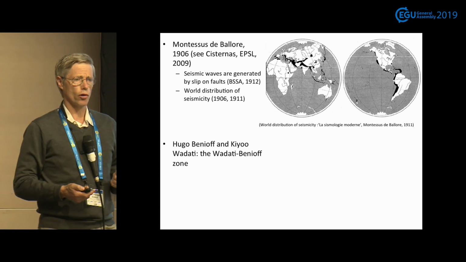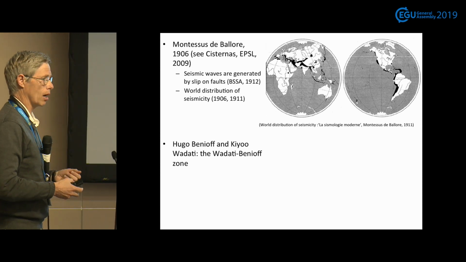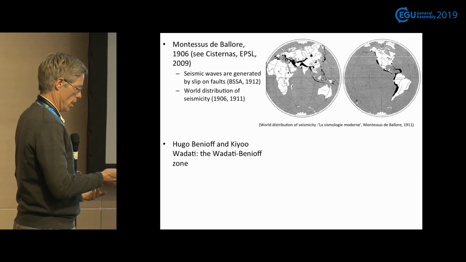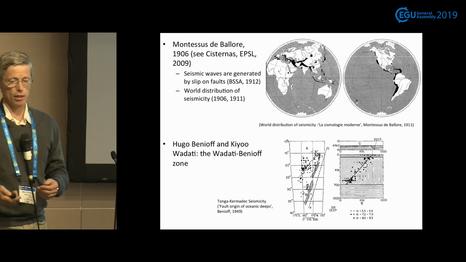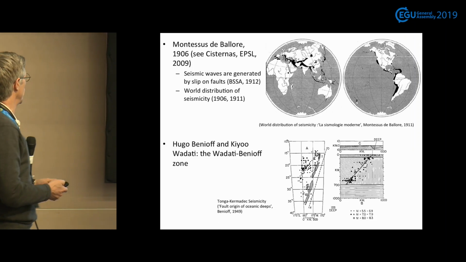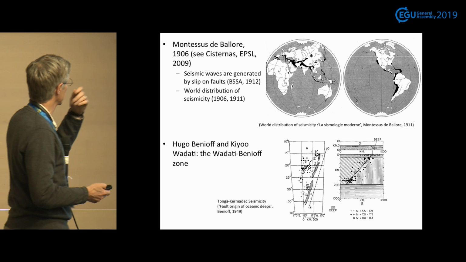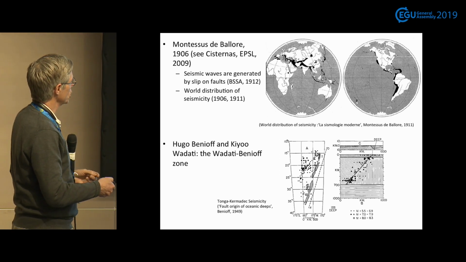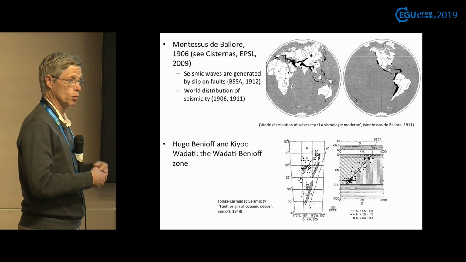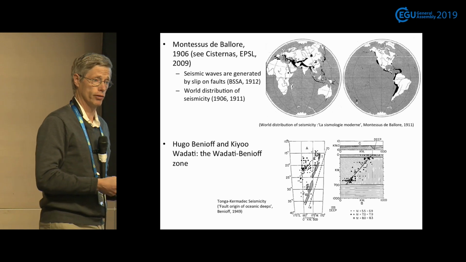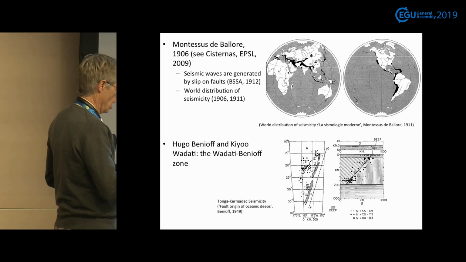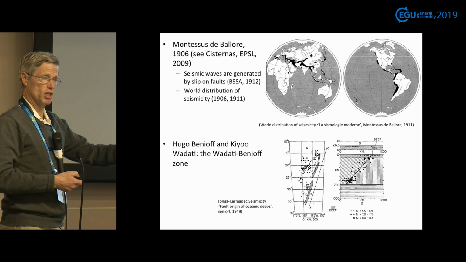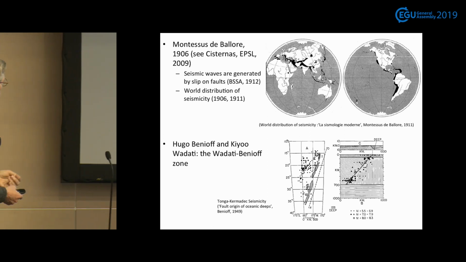Another thing that we've known for quite a long time is that there are places where the seismicity reaches great depth, and this was discovered independently by Hugo Benioff, who was a professor at Caltech, and Kiyoo Wadati, who was in Japan. They both figured out that seismicity at places can reach relatively deep depth, of the order of 700 kilometers, with a dip angle of the zone of seismicity of typically 45 degrees.